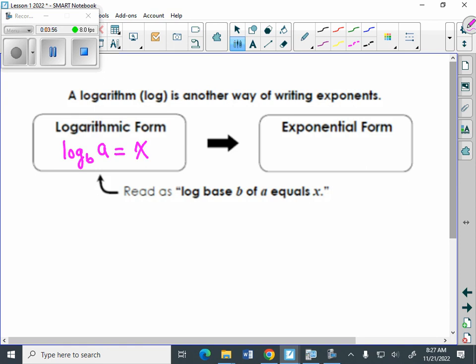That's the logarithmic form. And then when we look at the exponential form, it would be b to the x equals a.